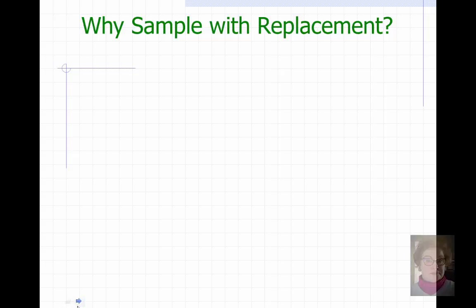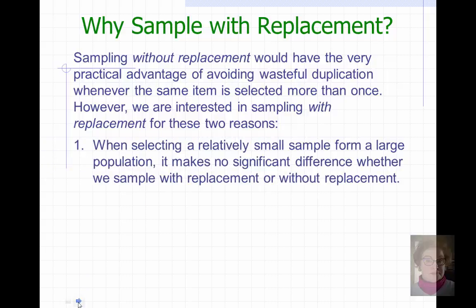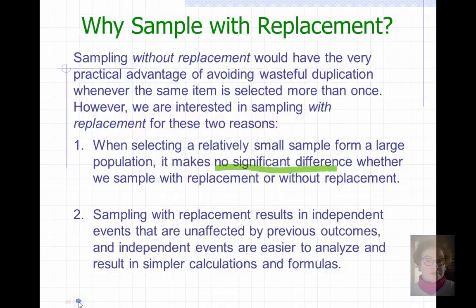Now, when we do this, we're talking about sampling with replacement. Why do we do that? Well, our calculations will be much easier. When we have a small sample from a large population, first of all, it doesn't make any difference if we replace or not. The second thing is if we calculate with replacement, then we have independent events, and that makes the math easier to analyze.